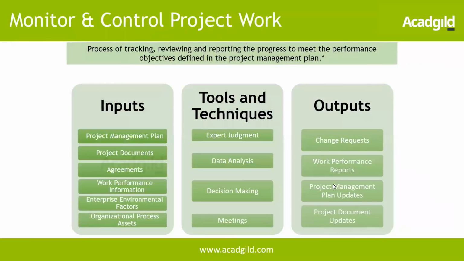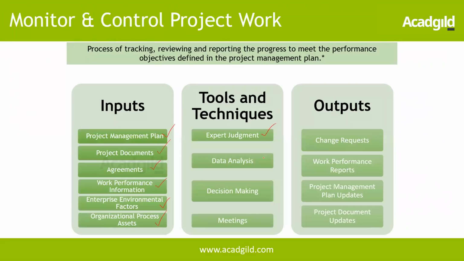So now let's look at the inputs, tools and techniques, and outputs that are used for this process. The inputs are the project management plan, project documents, other documents, agreements, work performance information, EEF and OPA. So these are the inputs.